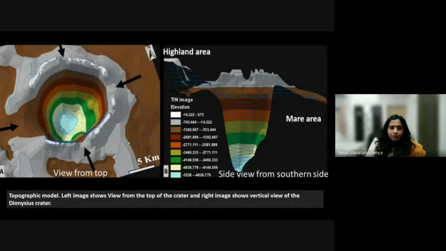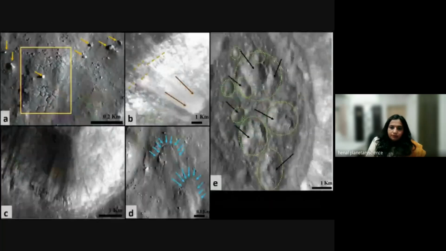So it was highland material that was excavated while the crater was formed, and afterwards some tectonic activity may have occurred inside or outside the area that may have led to the debris present on the rim to come inside the crater through its wall.